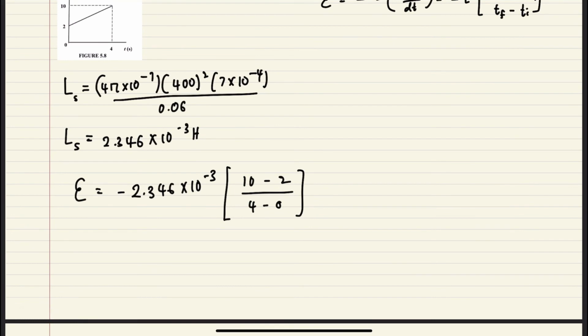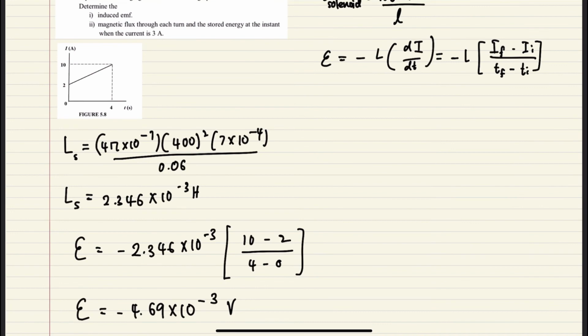So 8 divided by 4 is 2. 2 times 2.346, that's going to be 4.69. So the negative remains, just leave it as it is. Times 10 negative 3. Unit will be volts.